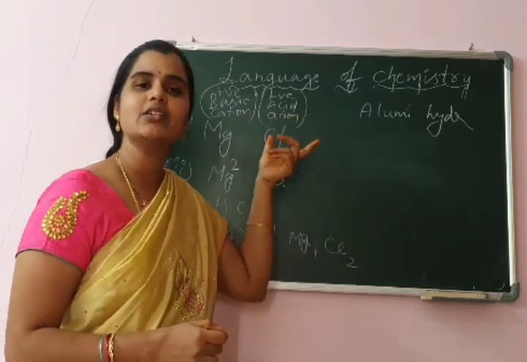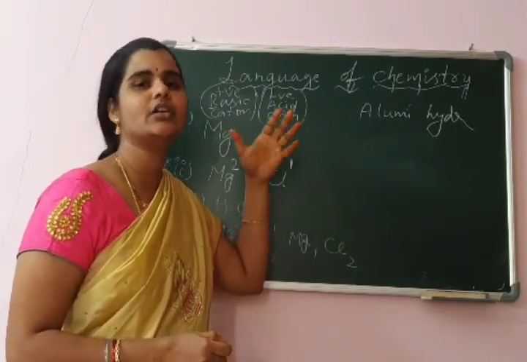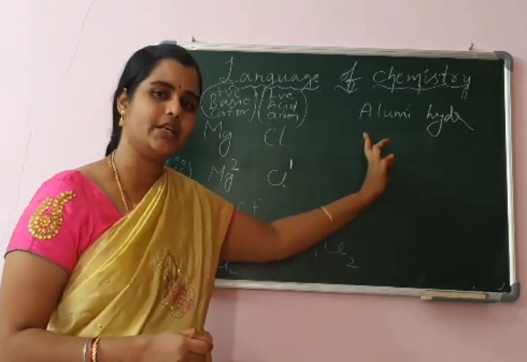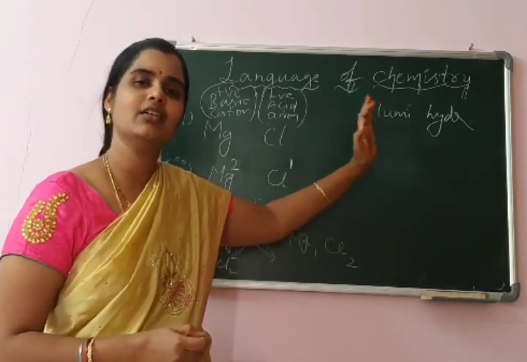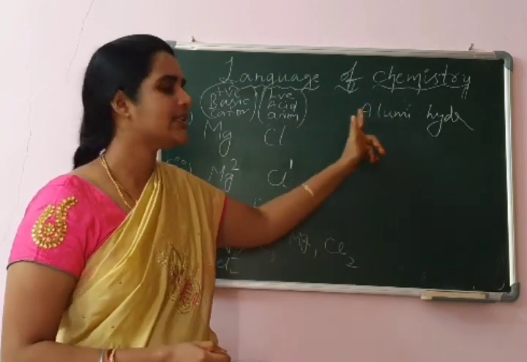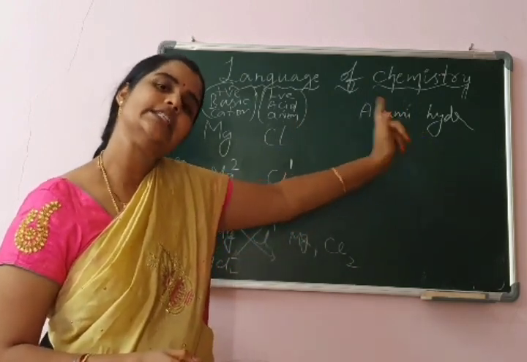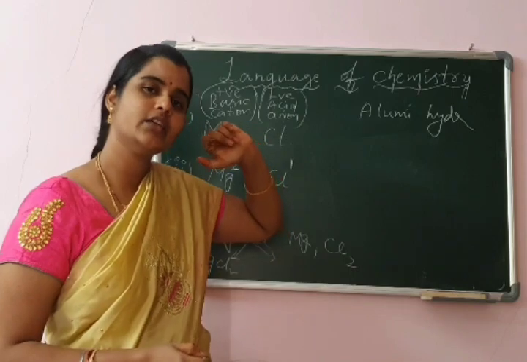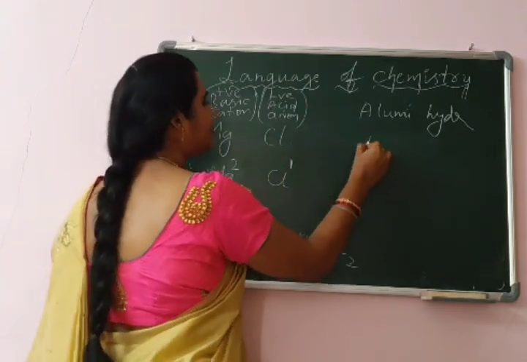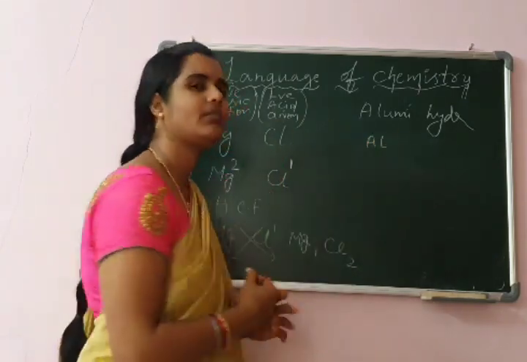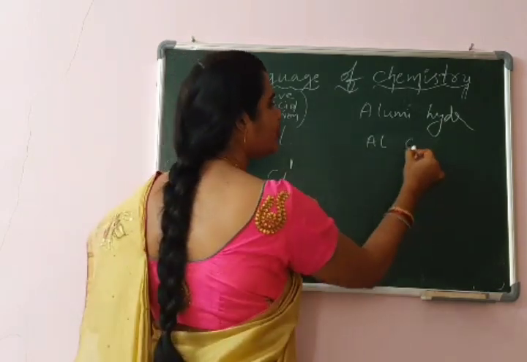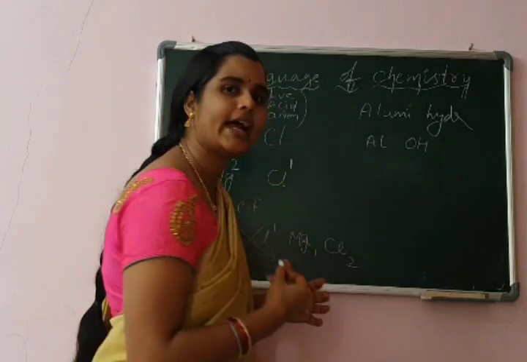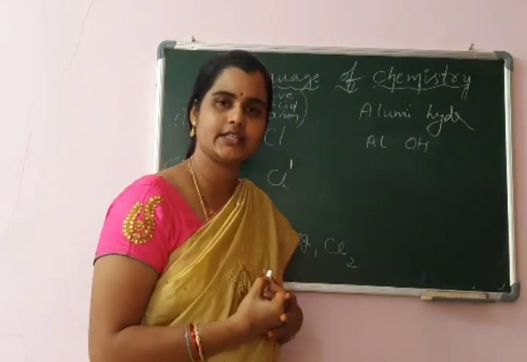You have to write the symbols of the elements or the radicals present in the molecule. So what are the symbols of the elements or radicals present in aluminium hydroxide? Those are aluminium, Al, and hydroxide, which means OH. You know the symbol for hydroxide is OH.